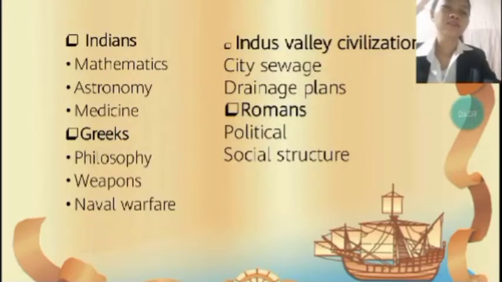Next is the Indians. Their contribution was mathematics, astronomy, and medicine. Next is the Greeks: philosophy, weapons, naval warfare. Indus Valley Civilization: their contribution was city sewage and drainage plans. Next and last is the Romans, whose contribution was political and social structure.